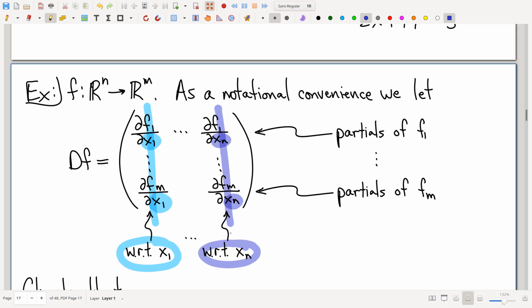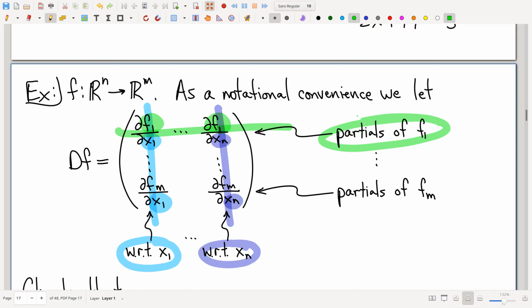Okay. That said, now notice in the first row, we're talking always about partials of the first output coordinate with respect to different input variables, right? All those partials in the first row are partials of the first output coordinate f1.